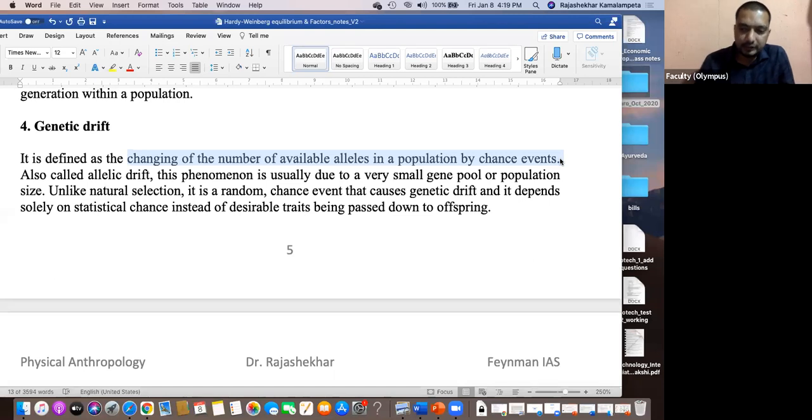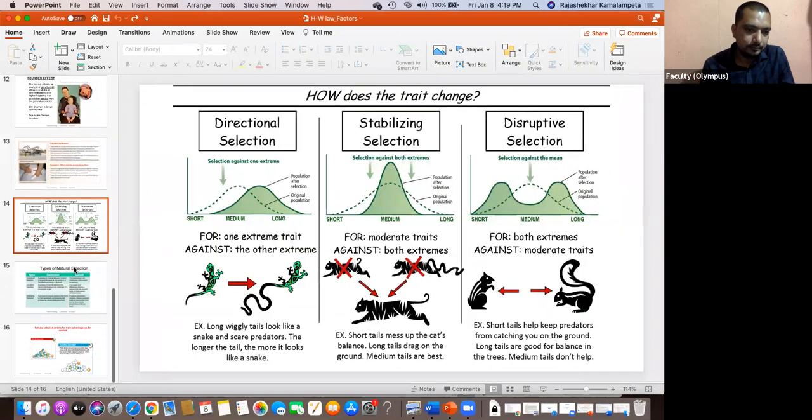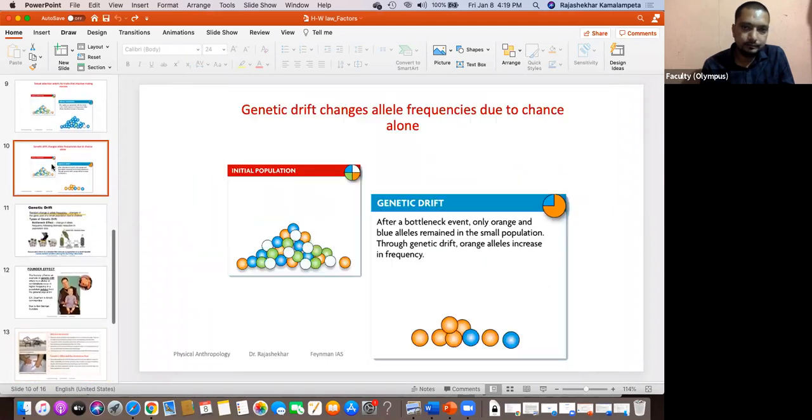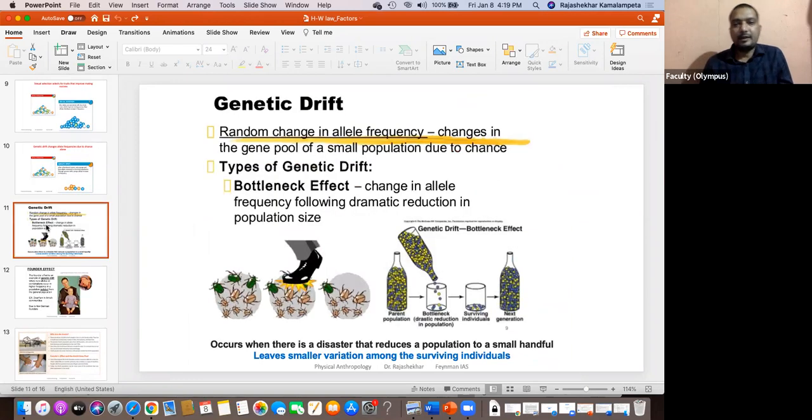I'll explain this with an example. Write down the statement: changes in the gene pool, genetic sequences of a small population due to random chance.